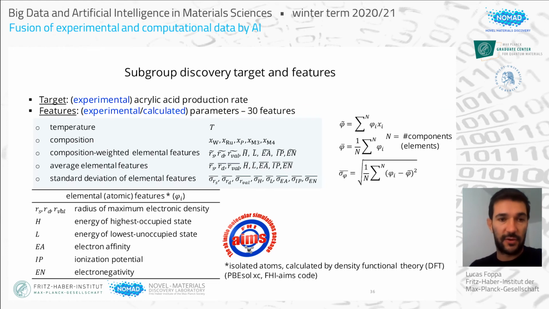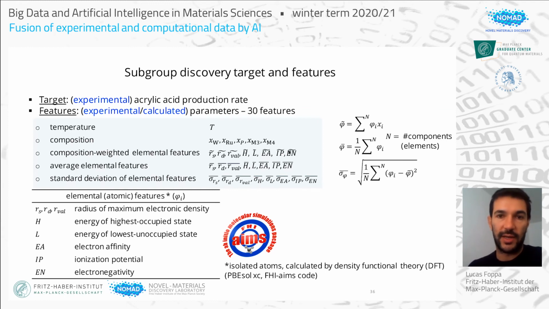These properties are, for instance, the radius of maximum electronic density for s, d, or valence orbitals, the energy of highest occupied or lowest unoccupied states, electron affinity, ionization potential, and electronegativity. These features are supposed to tell something about the chemical nature of the elements, and that's what we're going to use here. And we use these features weighted by the composition.